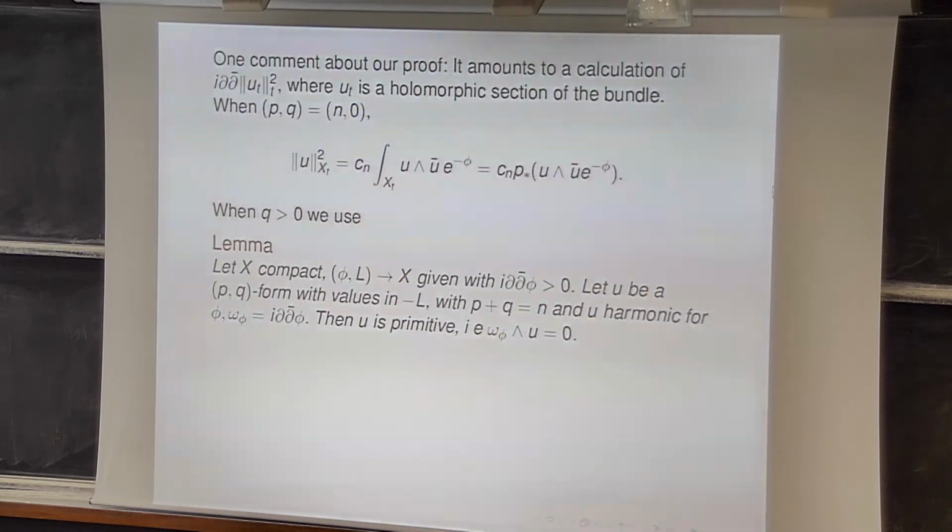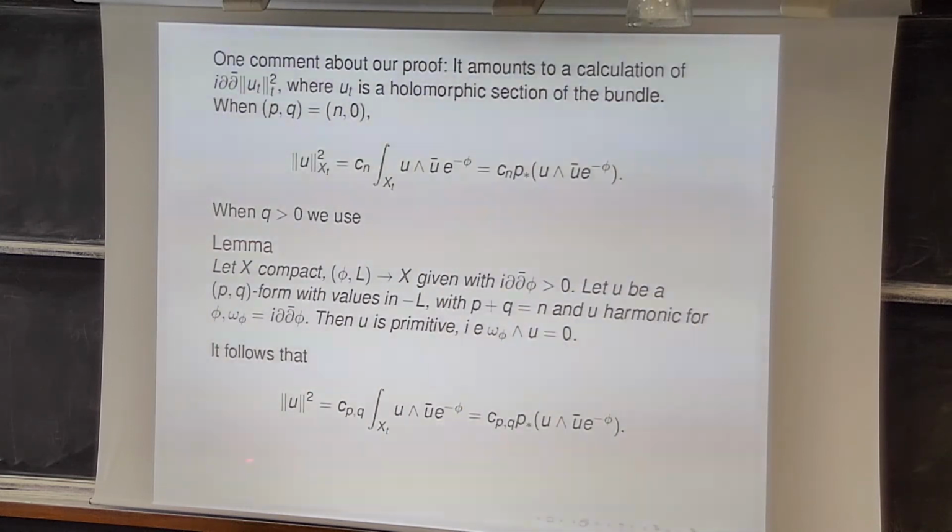And why is that good? It is good because for such primitive forms, you really do have the same simple expression of the curvature. It's basically still just the integral of u wedge u bar. But you need to have another constant in front of it. It changes to plus or minus depending on q.